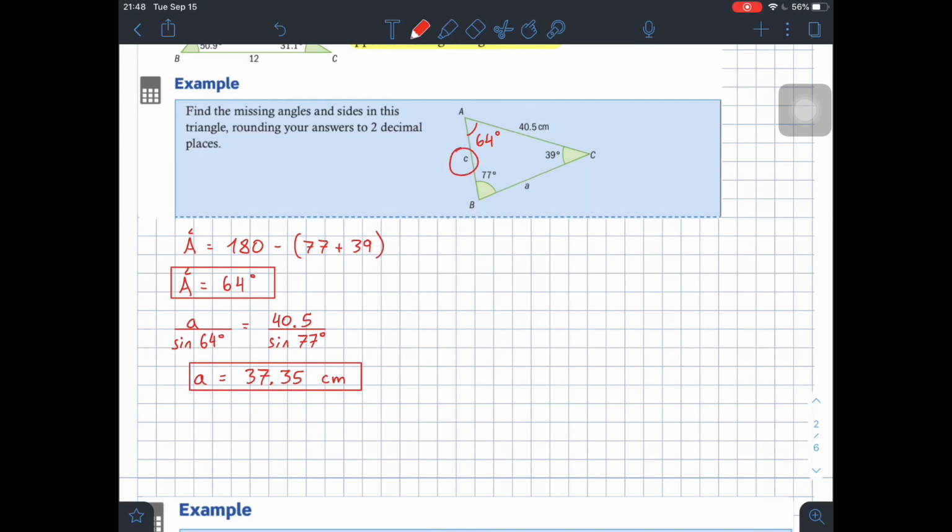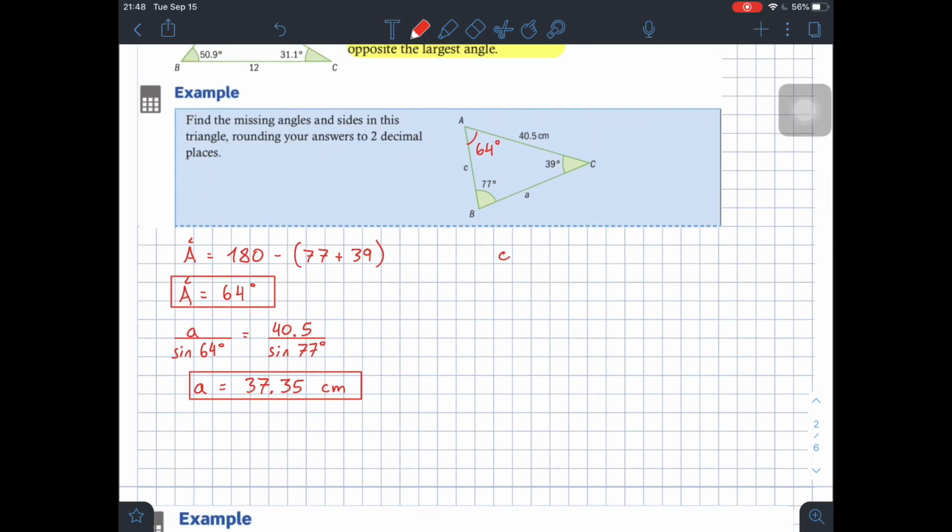Finally, I am missing side C. In order to find side C, I could again apply sine rule and say that, for example, side C is to sine of angle C, which is 39 degrees, as B, 40.5, is to sine of angle B, sine of 77 degrees.